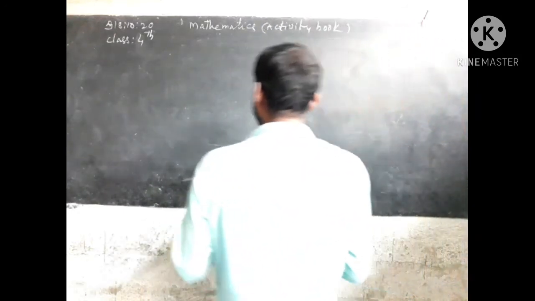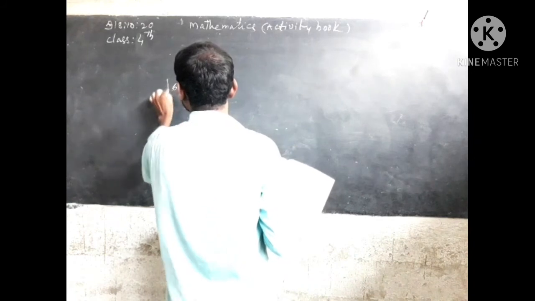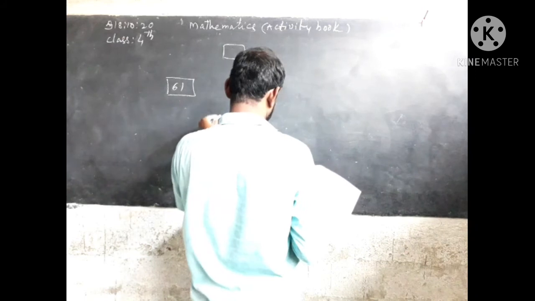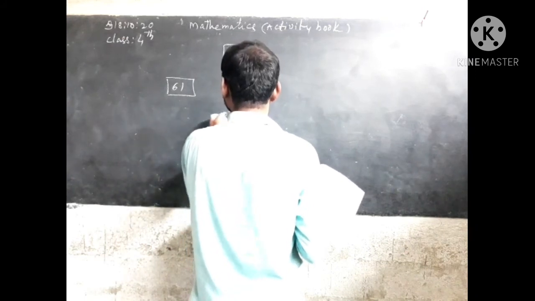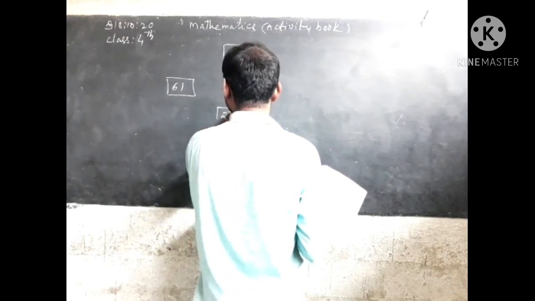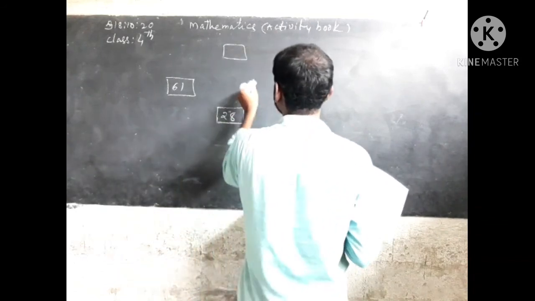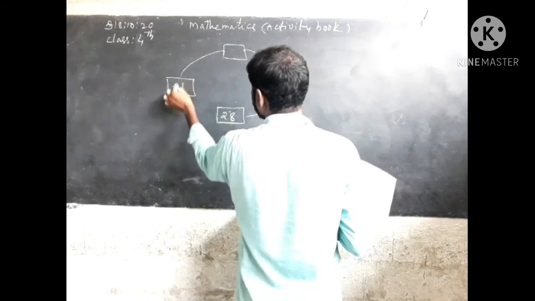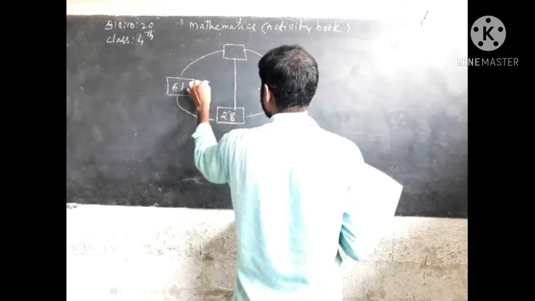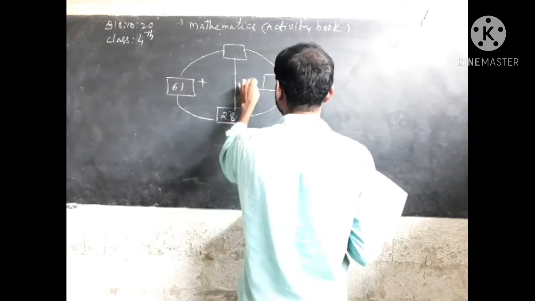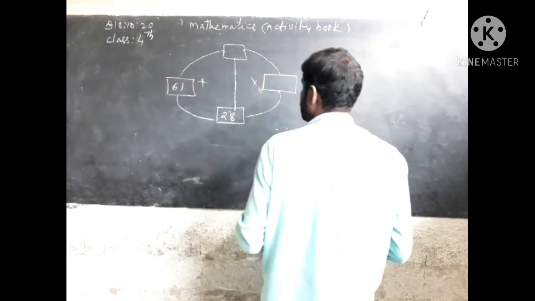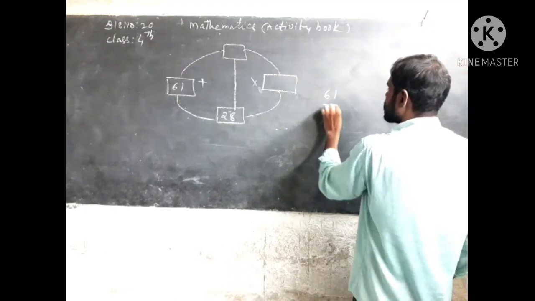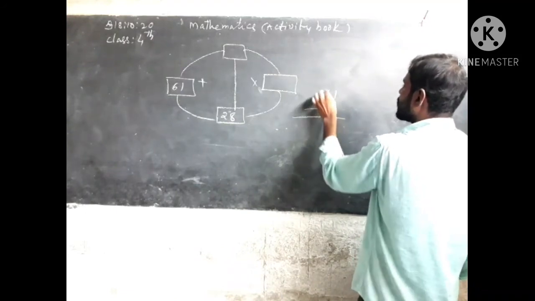Now next, 61. See, 61 minus 28. 1 minus 8 not possible.